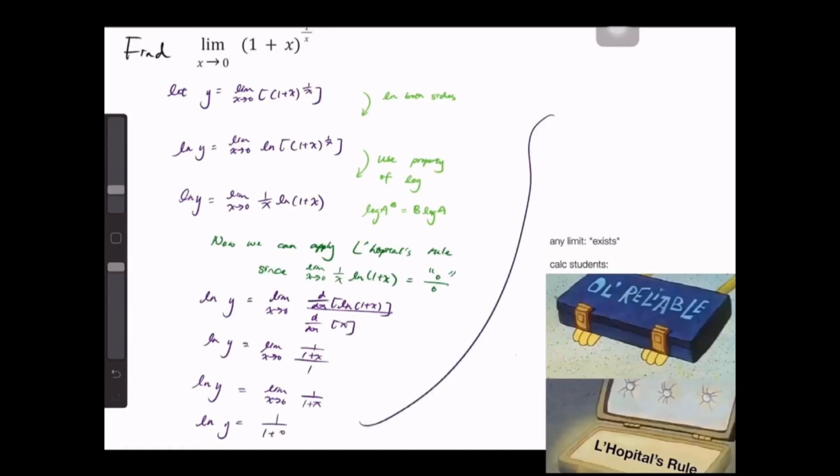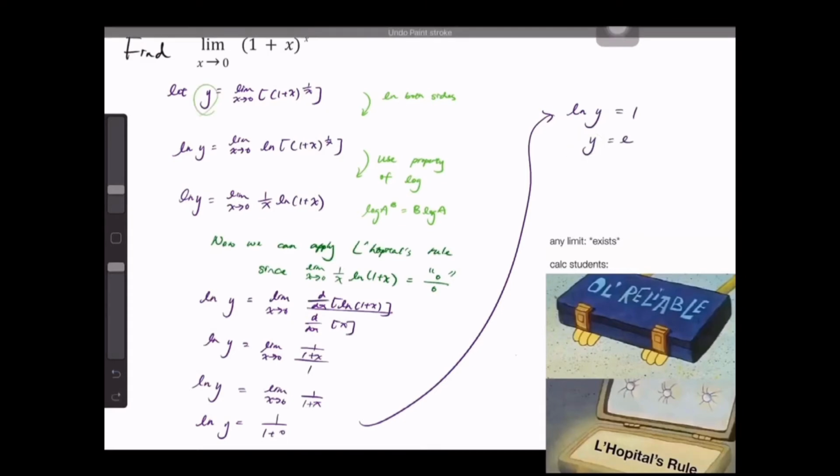So now we get the natural log of y equals 1. Therefore, y equals e, Euler's number. So now we can substitute the y variable. We get the limit as x approaches 0 of (1 plus x) to the 1 over x power equals e.